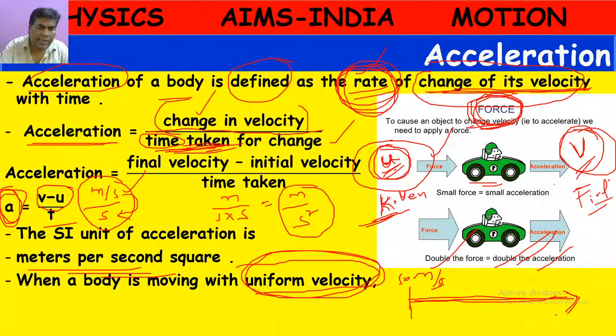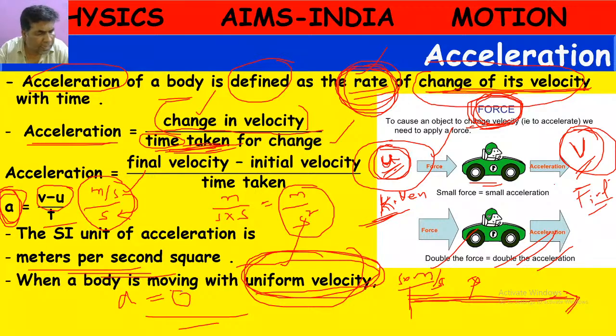With the same speed, it is moving forward. So then we call it uniform. It is moving with uniform velocity. So here, as the velocity is the same, velocity is not changing, we can tell that acceleration is zero.